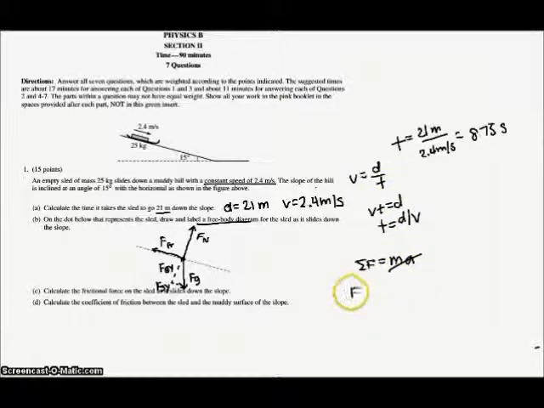So the force of gravity x minus the force of friction, because, of course, the cart is going down this way, and then friction is pulling it back this way. And that equals 0. So the force of friction simply equals F of gx.